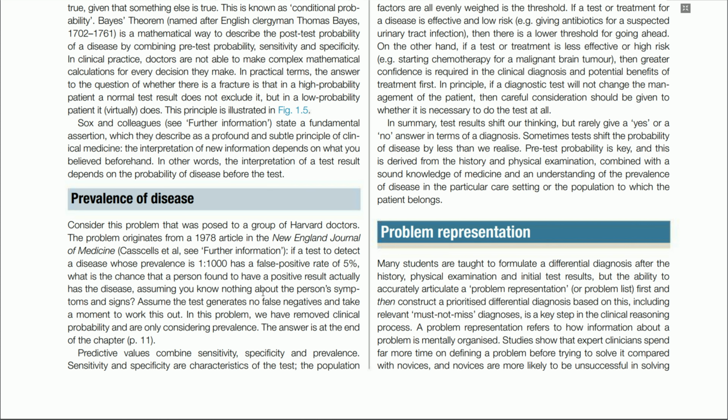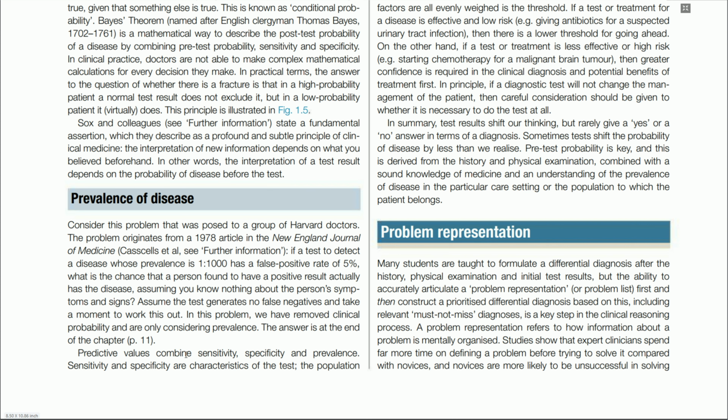Assuming you know nothing about the person's symptoms and signs, assume the test generates no false negatives, and take a moment to work this out. In this problem, we have removed clinical probability and are only considering prevalence. The answer is at the end of the chapter, page 11.